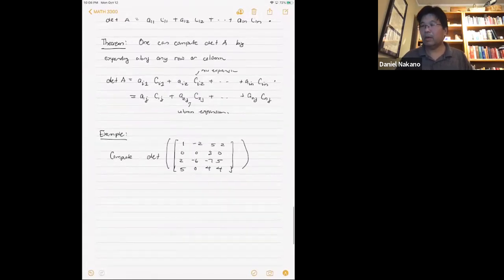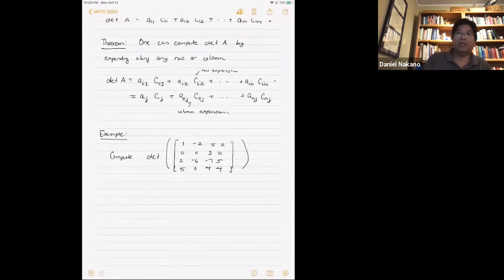Now, one thing to think about is, what are we really doing? If I take a 4x4 matrix and expand things out, I then look at determinants of 3x3 matrices, right? And then I use the definition again, and I can reduce it down to 2x2 matrices.